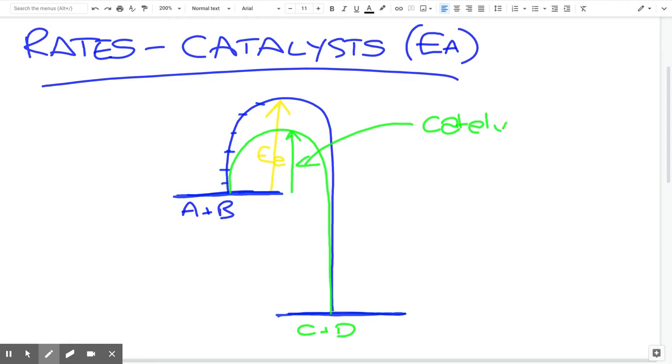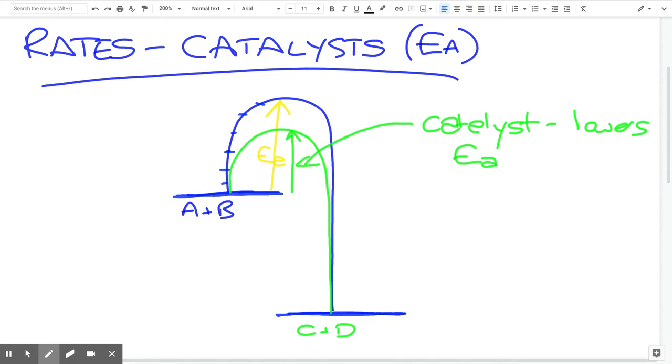That's what a catalyst does. Biology uses them all the time, using enzymes, for example. Essentially, a catalyst lowers the activation energy. It doesn't change the number of collisions, but it allows the collisions that do occur to not have as high an energy barrier for those collisions to be successful.